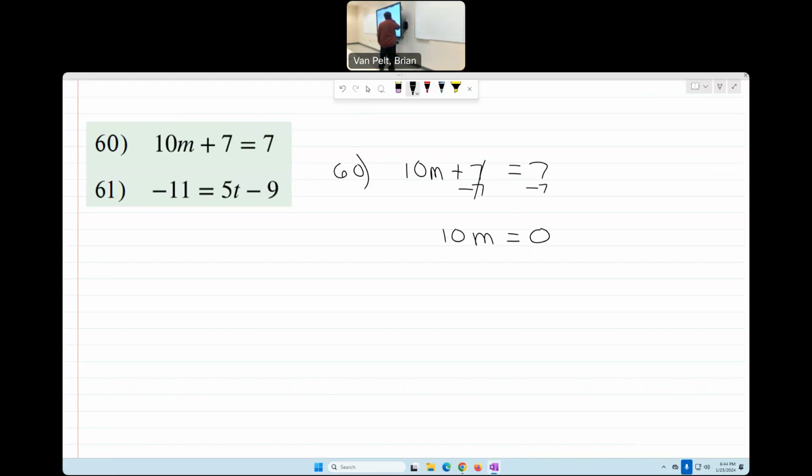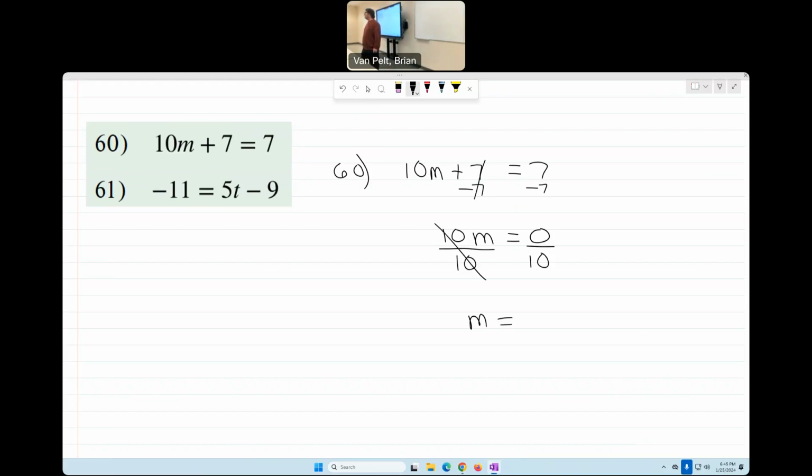And then the last step, remember that's 10 times M. So I need to divide by 10. In situations like this, when you're not comfortable with the math, some people will get the correct answer and some will not on this very last step. Let's see what you have to say.